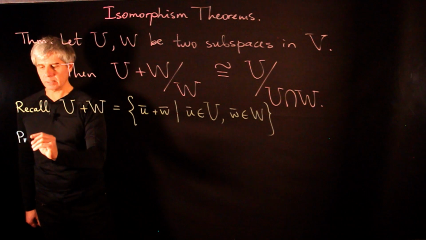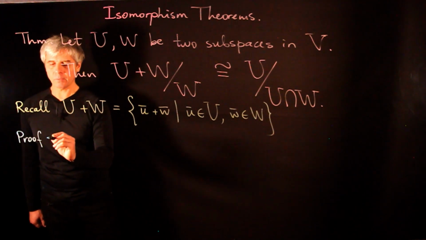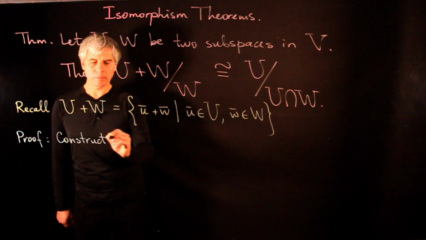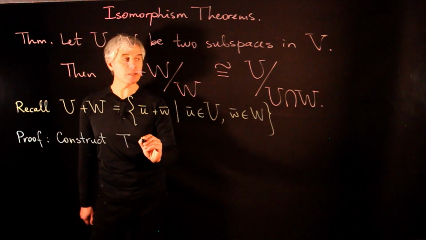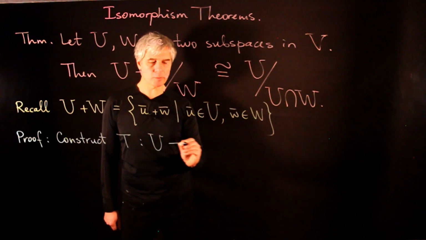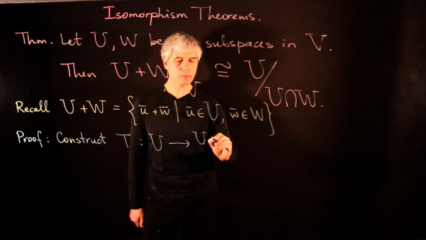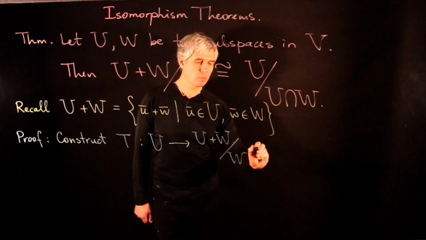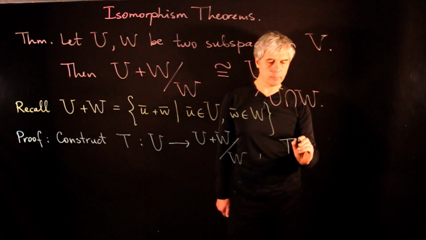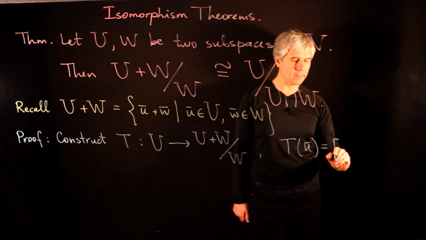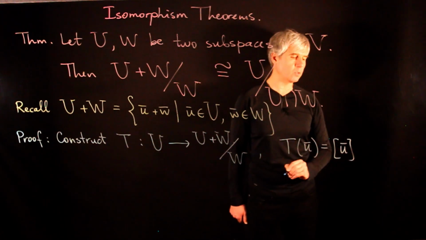To prove this result, we want to construct a linear transformation T from the space U into this quotient space, U plus W, quotient by W, where T applied to a vector u will be defined as the class of the vector u.